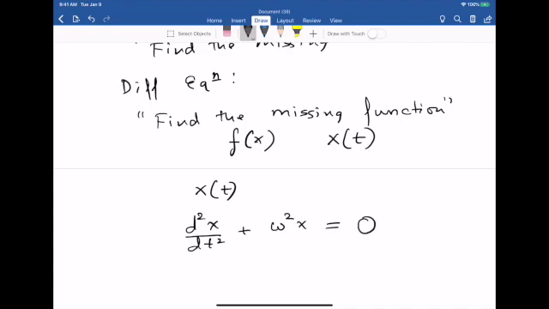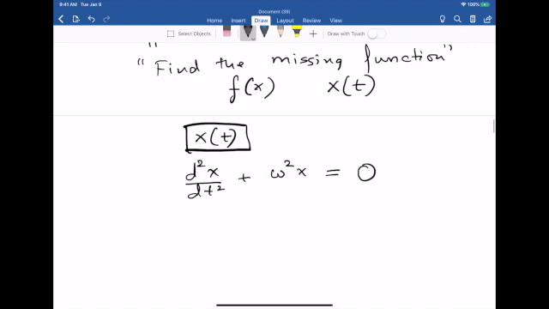So that is what this differential equation is telling us. So find me this function x of t such that if I take two derivatives of the function and add omega squared, which is some constant, times that same function, the result will be 0.